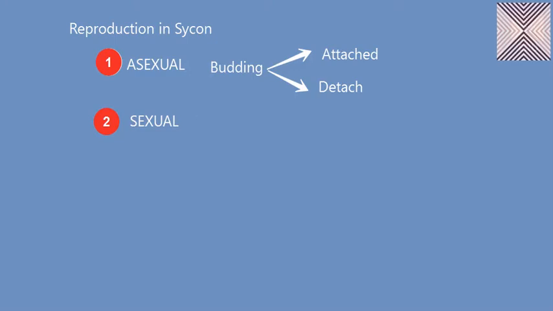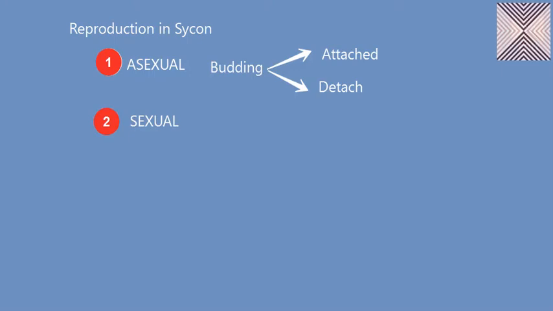Monoecious refers to the male and the female organs being present in the same individual. So the Sycon, as it is producing the sperms and the ova in their mesoglia, the centralmost layer, we can say that they are monoecious in nature. So each Sycon has got both the ova and the sperms in the mesoglia.